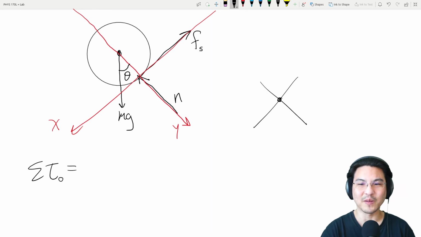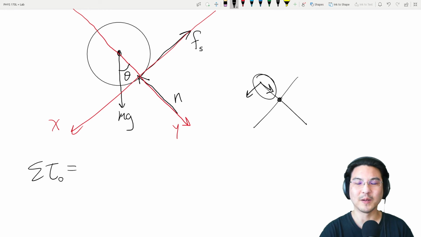If you decompose the weight into components like this, then this component in this direction would be mg cosine theta. This component would be mg sine theta.